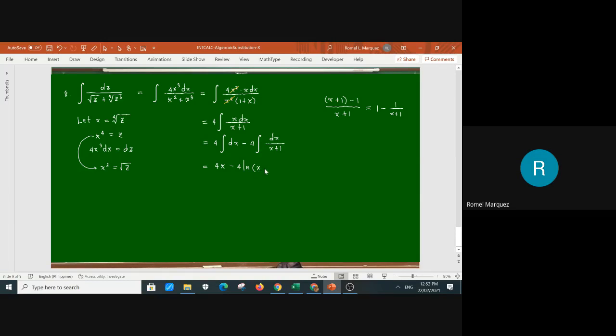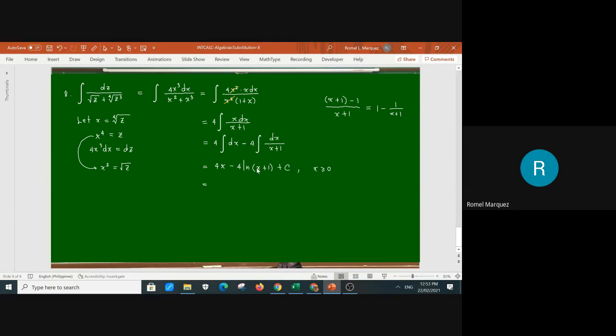I think there is no need for an absolute value because x is always greater than or equal to 0. As you'll see here, for any valid chosen z, the values are positive numbers or 0, so x will never be negative. x plus 1 is guaranteed never negative.